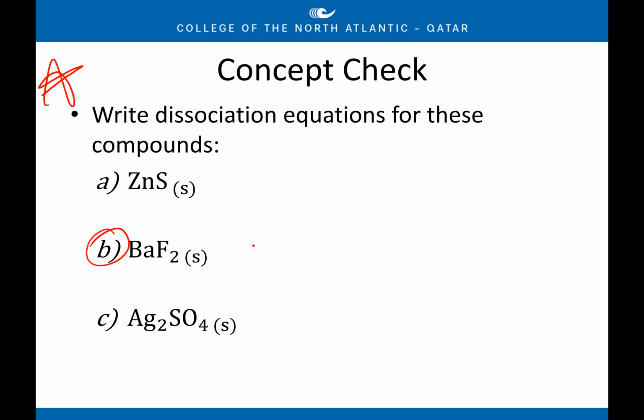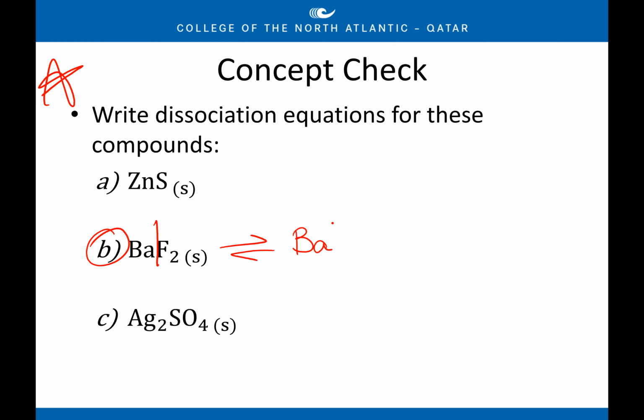So B. Like in Chemistry 1120, you would draw an arrow. We're not in 1120 anymore. We are deep into chemistry. We're in Chemistry 1121, so I'm going to draw an equilibrium. Now what happens is this chemical splits into its ions.